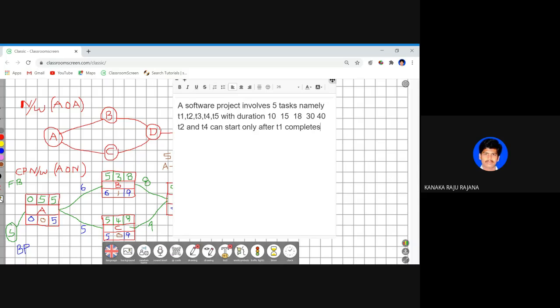T2 and T4 can start only after T1 completes. T3 can start after T2 completes.